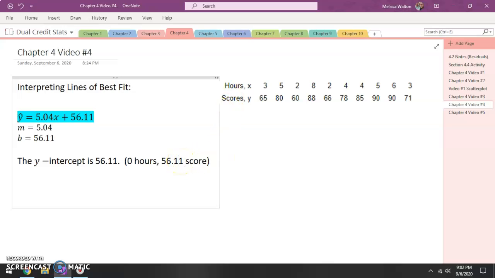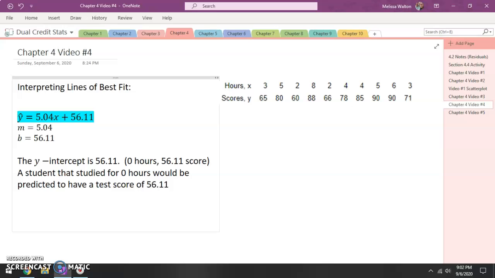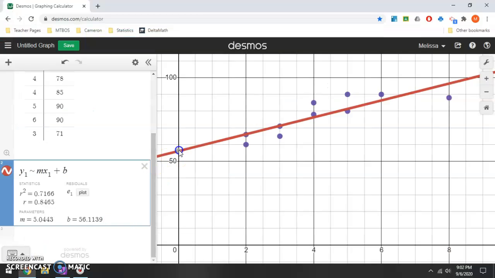So a student that studied for 0 hours would be predicted to have a test score of 56.11. Not very good, but it seems to make sense in this problem. And if we look back at our graph here, here is where that is. 0 hours studied, we are predicted to have a score of 56.11.